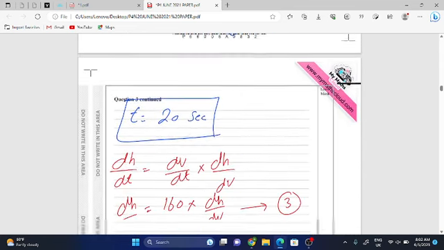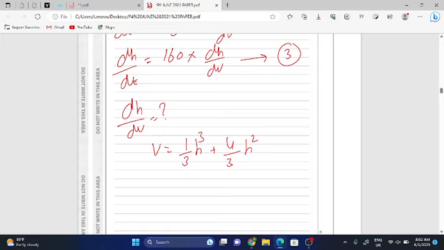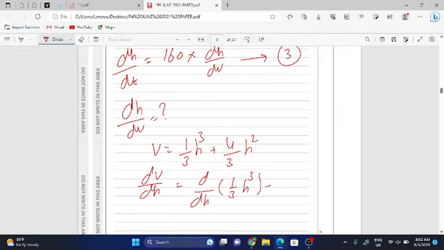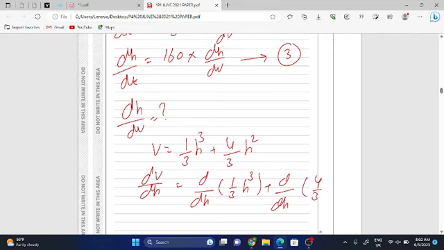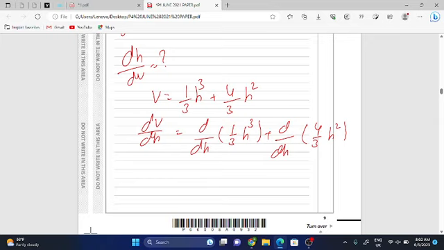I will calculate dV by dH, then I will take its reciprocal. So dV by dH can be calculated by d by dH of 1 by 3 h cube plus d by dH of 4 by 3 h square.